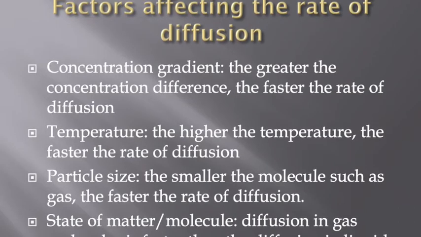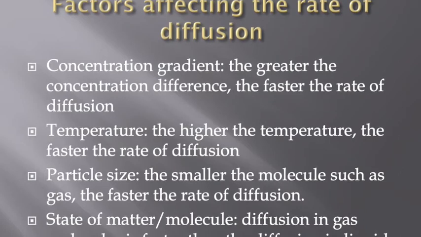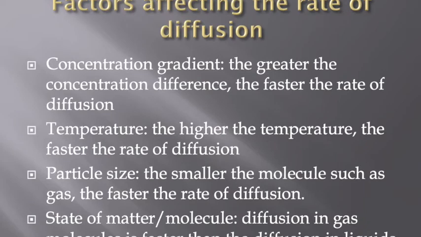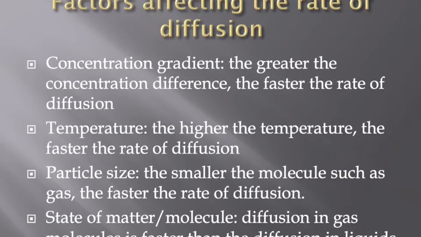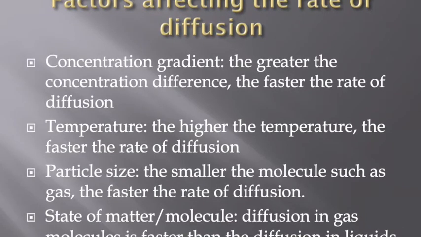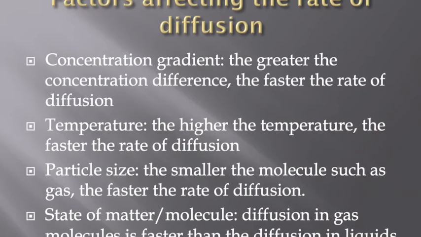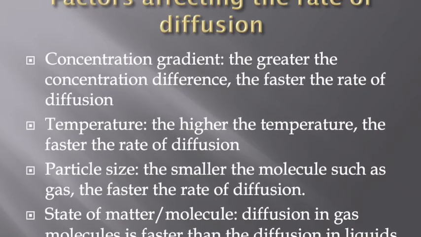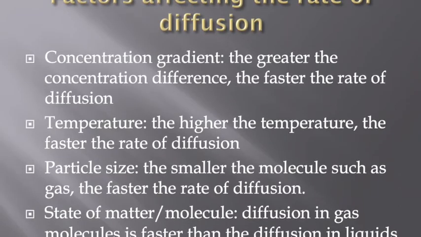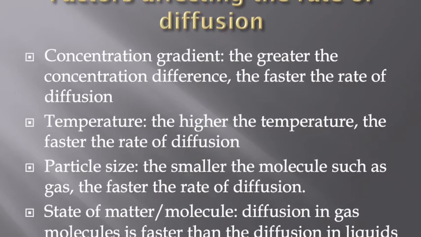I mean, the solute particles need energy to move from one point to the other. And when the temperature is higher, it gives the particles that energy to be able to move from one end to the other at a faster rate. That makes it come to the point that the higher the temperature, the faster the rate of diffusion.